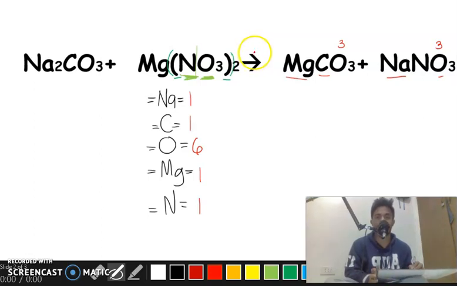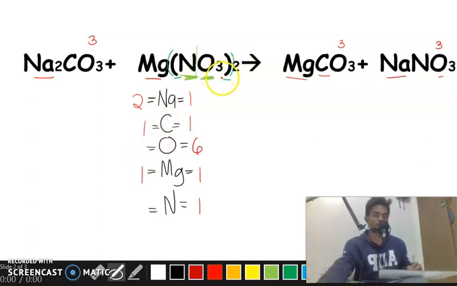Now let's count the reactant side. So first, let's start with sodium. Sodium is 2. Carbon is 1. Oxygen is 3 for this molecule. Now for magnesium, you have here Mg, so it's still 1. The next would be nitrogen and oxygen.